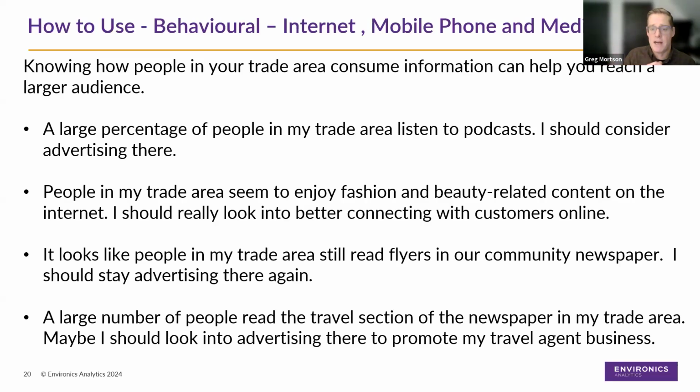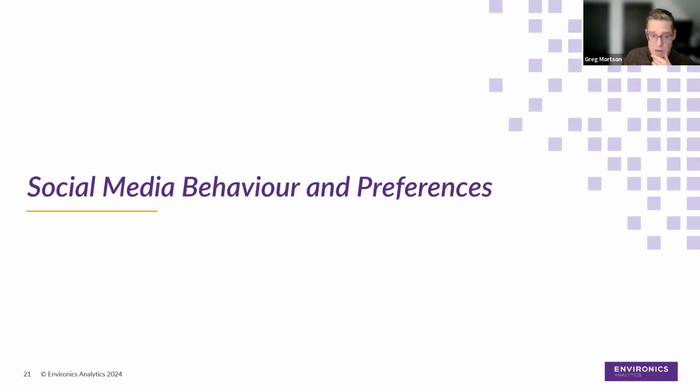Do they still read flyers in my trade area or my community newspaper? Should I keep going with those sorts of advertisements? And then you can start to see what section of a newspaper they look at. Maybe I want to try to get my small advertisement in that one particular section of the newspaper to better connect with people. So this is all around internet, your mobile phone usage, and then more traditional media as well.